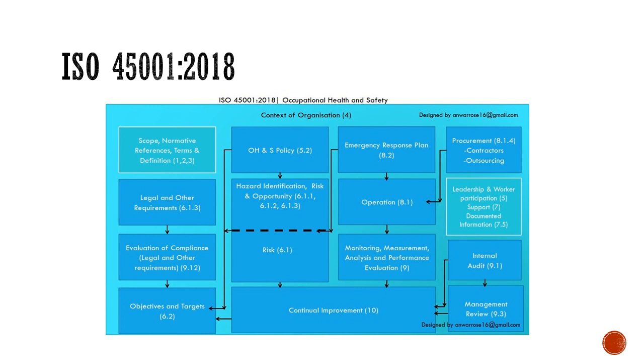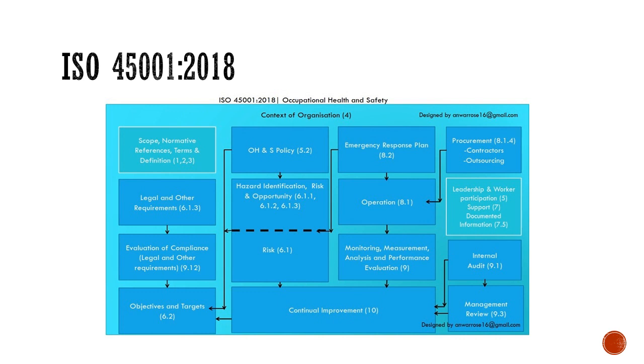All these inputs go into continual improvement, which is clause number 10. Clause number 10 drives into objectives and targets as per clause 6.2 of the organization. And even the OHSAS policy, the hazard identification, the risk identification, all lead to formulation of objectives and targets in the organization.